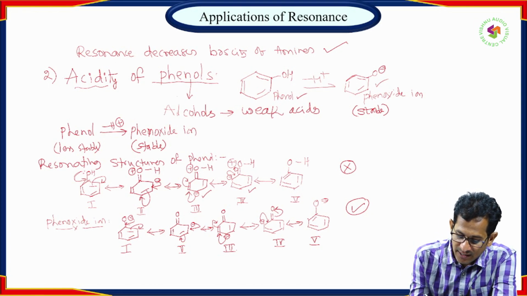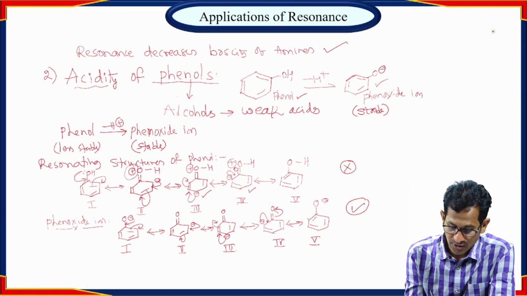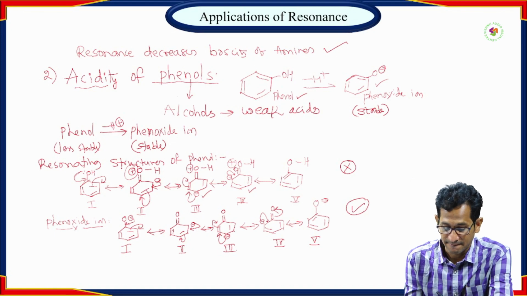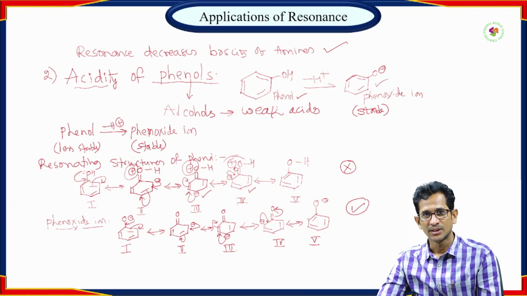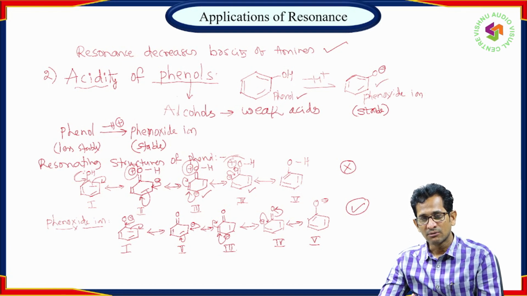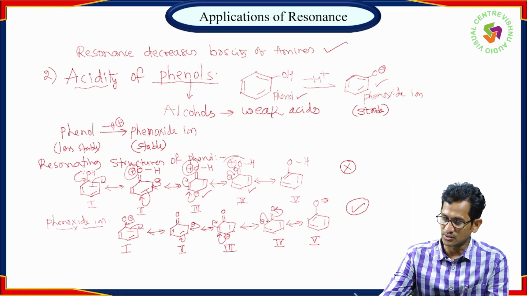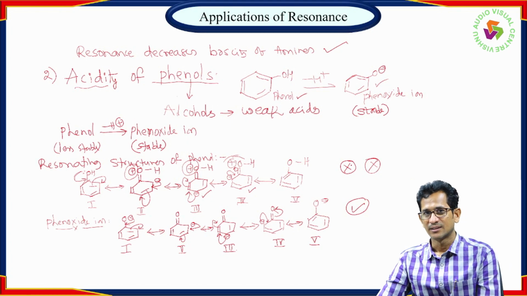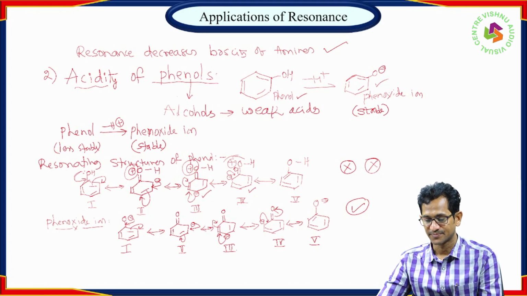There is a positive charge here, positive charge here, the positive charge here. Oxygen is a highly electronegative atom, and a highly electronegative atom with a positive charge also destabilizes. Right? That condition was not satisfied by phenol.